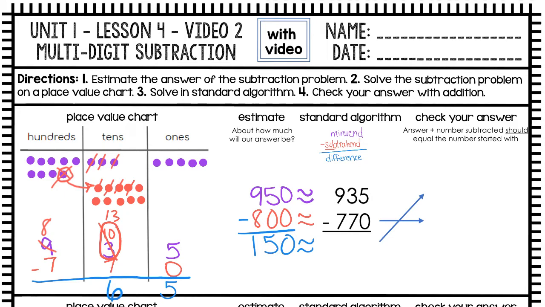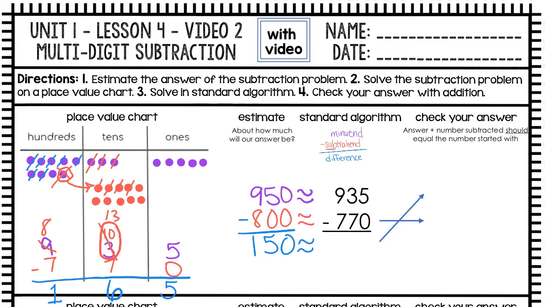Lastly, we go to our hundreds. I have 8 hundreds left because we took away 100 to regroup it. And then now I'm going to take away 7. 1, 2, 3, 4, 5, 6, 7. And I have 1 left.